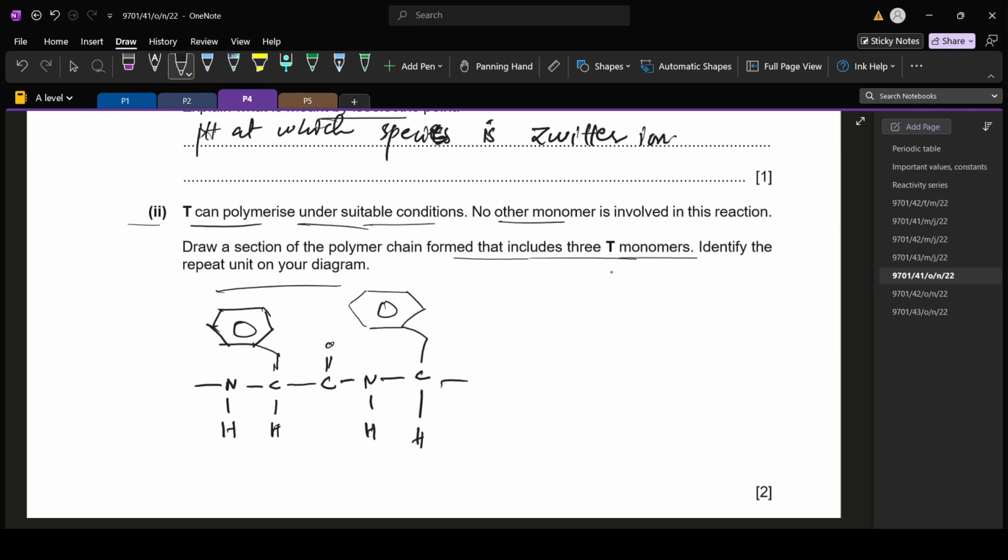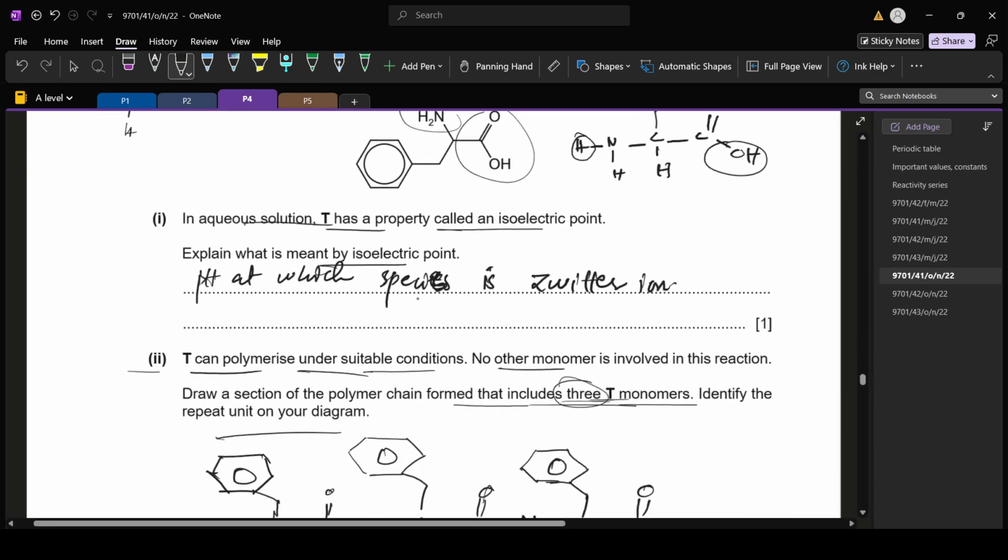You have to show 3 monomers, or 3 repeat units, so 3 monomers. You have to further draw it like this, CH and another ring like this. So this is your polymer.